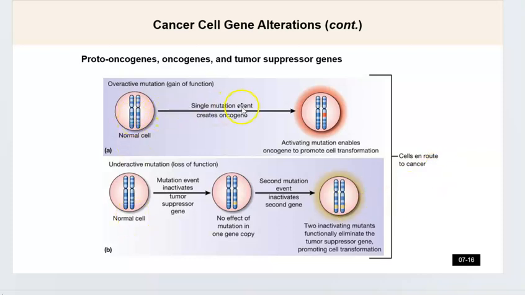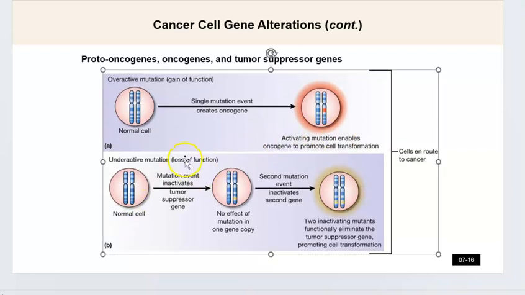A normal cell has a single mutation event, so the proto-oncogene created an oncogene. The activating mutation enables the oncogene to promote cell transformation. Also, we have a normal cell that has a mutation event that inactivates a tumor suppressor gene.